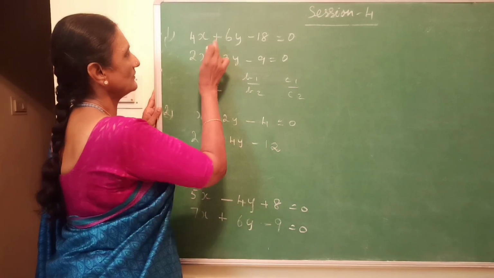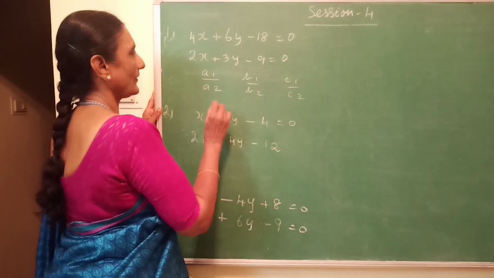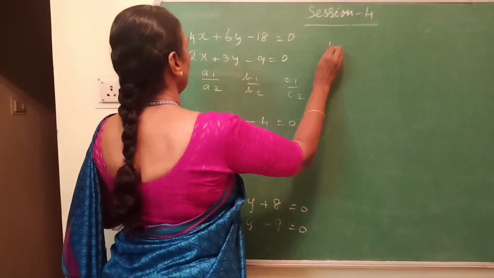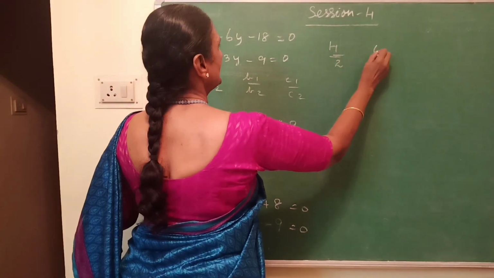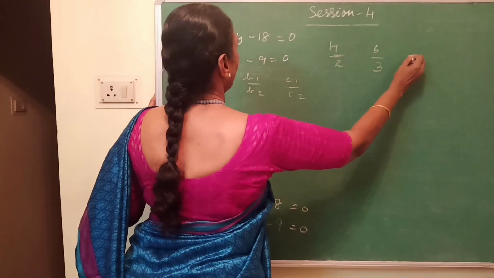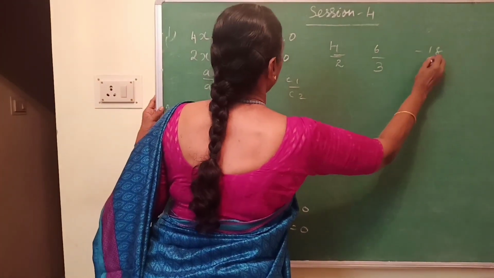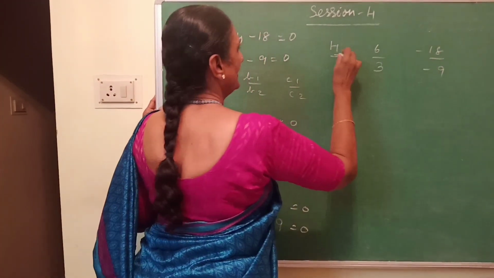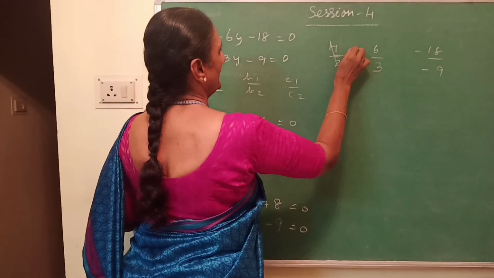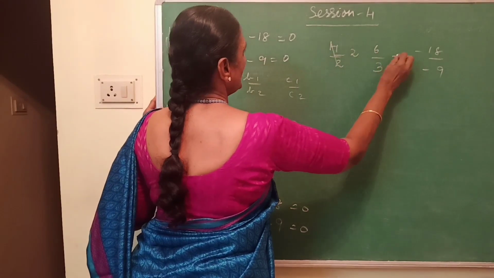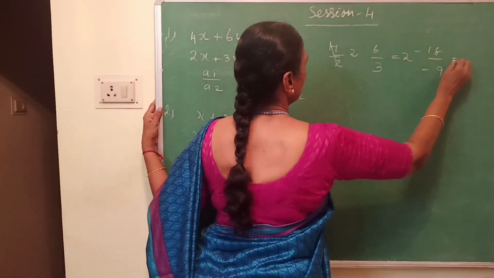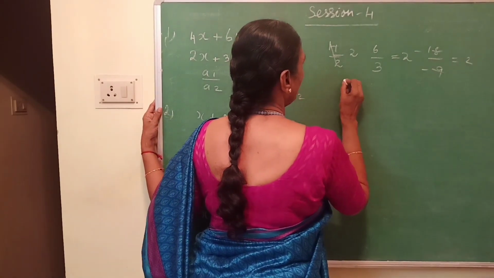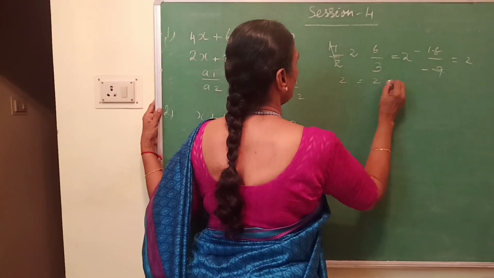Now A1 is 4, divided by 2, and then here 6 by 3, and here minus 18 by minus 9. Now simplify. You will get 2, which is equal to again 2, which is equal to again 2. That means 2 equal to 2 equal to 2.